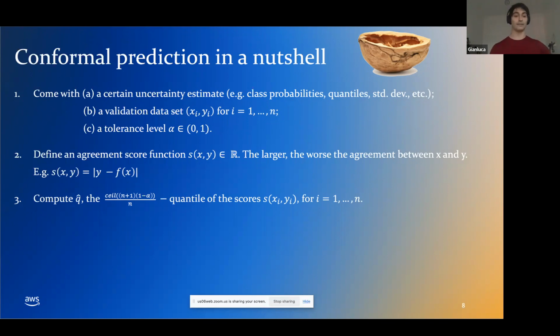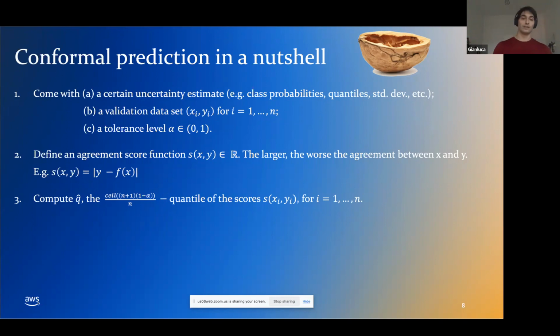To repeat, I take my score function, I evaluate it at each of my validation data points. So I will have a vector of scores, evaluations. And then I just take the 1 minus alpha quantile. Okay, so np.quantile of these scores, like numpy quantile, and you get your quantile q hat.